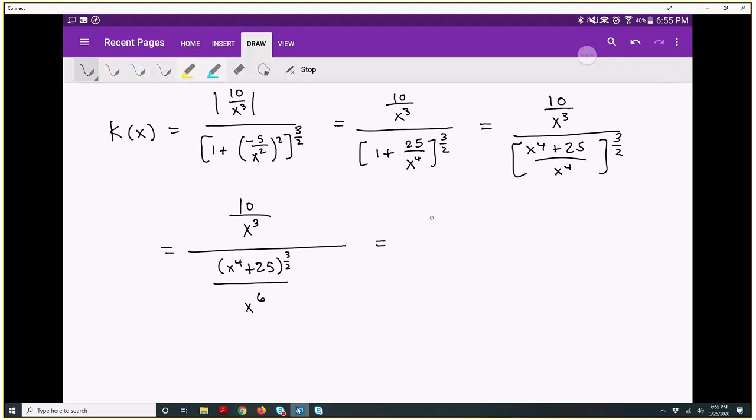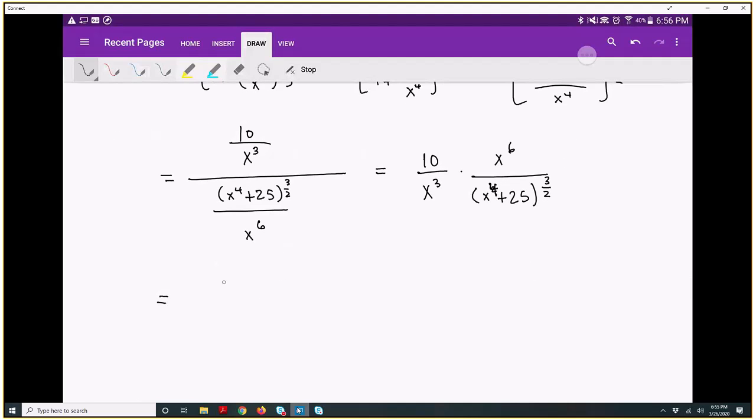So this becomes 10 over x cubed times x to the power 6 over x to the power 4 plus 25 whole to the power 3 over 2, and that is 10x cubed over x to the power 4 plus 25 whole to the power 3 over 2. So that's our k of x.